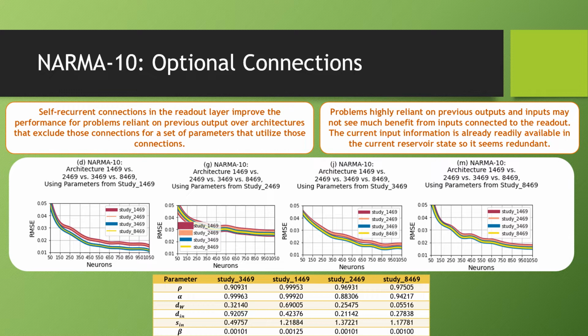Second, all of the models with self-recurrent connection for the right set of parameters decrease the RMSE much more than those without. It also seems that extra connection from the input to output does not make a difference. The blue and yellow lines in these graphs are the models with self-recurrent connection.